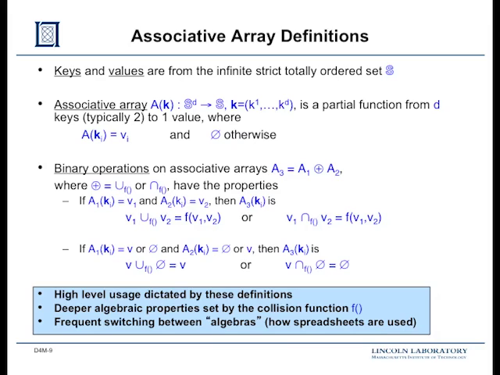For instance, addition is most associated with unioning the underlying keys. Other operations like AND are most consistent with intersecting the two sets of keys. Obviously, if it's union-like, the result will always be non-empty. If the function is intersection-like, then there's a possibility you can do a binary operation and the result will be an empty associative array. So we have that sort of choice there.